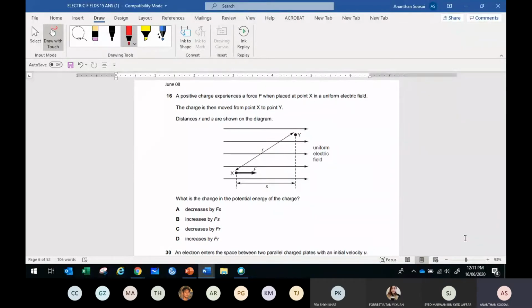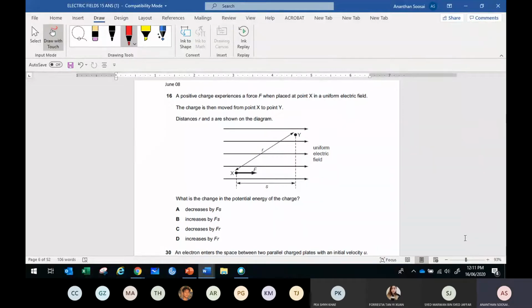What is the change in potential energy of the charge? Okay, what's your answer? The gain in potential energy or the gain in kinetic energy?